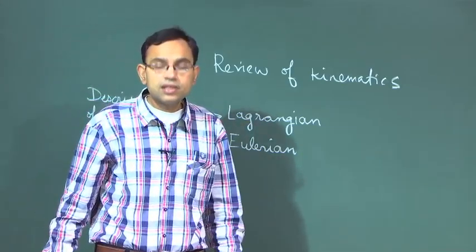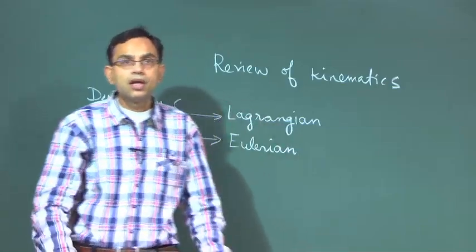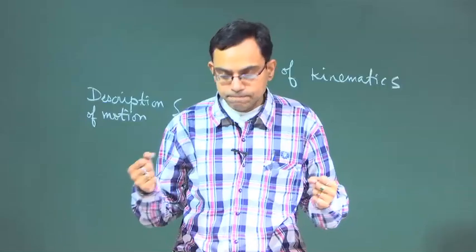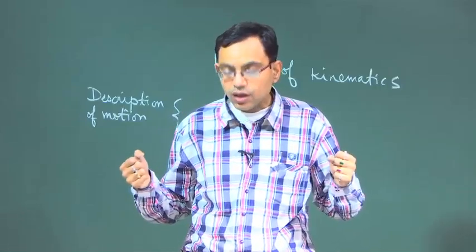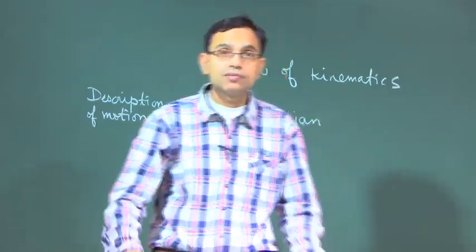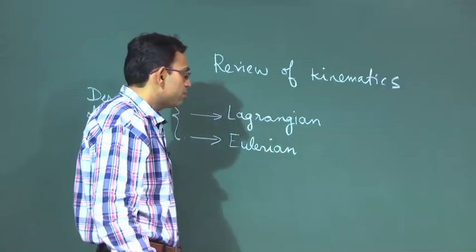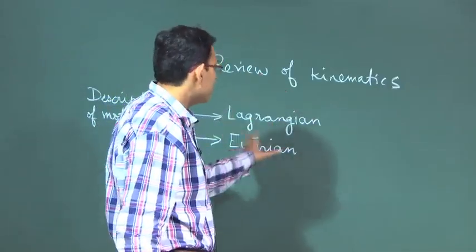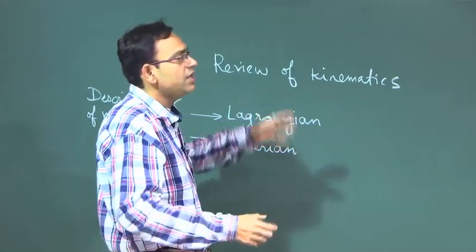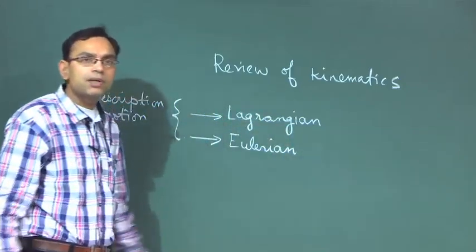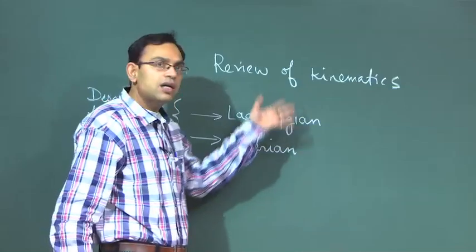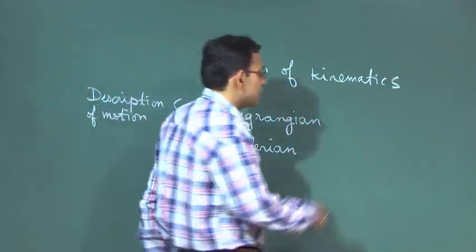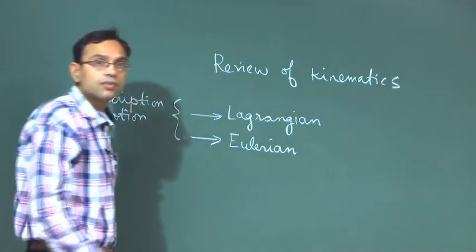So Lagrangian description, what does it mean? What it essentially means is that you are tracking individual particles. Forget about fluid mechanics or solid mechanics, in mechanics of continuum, or even from a non-continuum perspective also, these are very standard ways of describing motion. So Lagrangian means essentially tracking of particles.